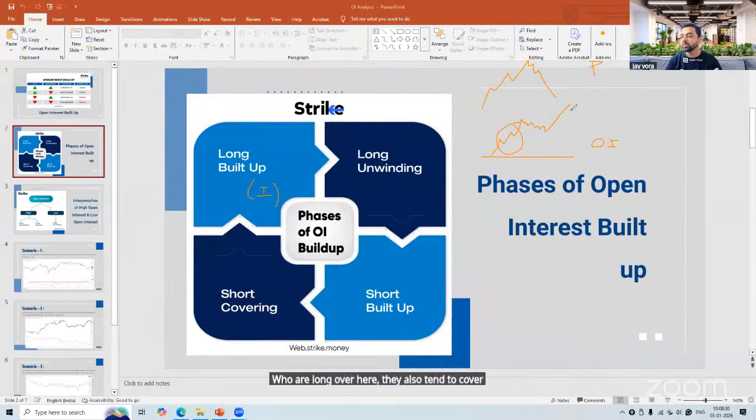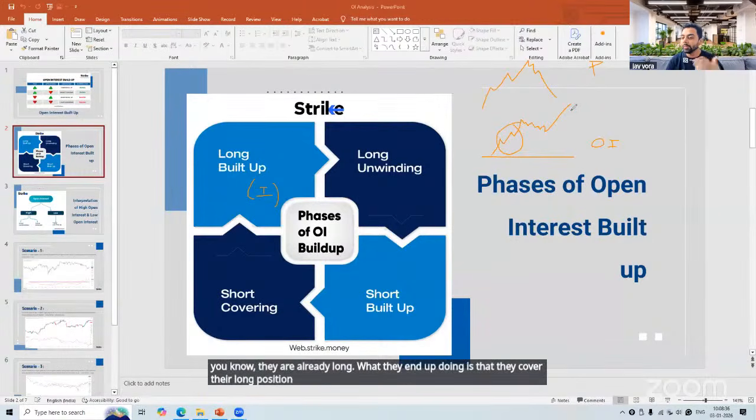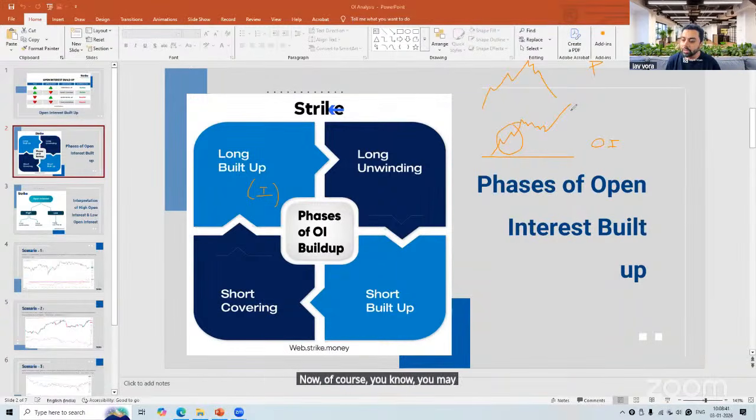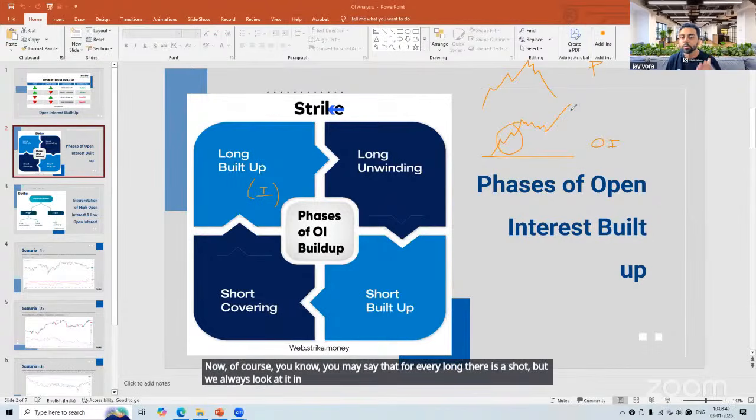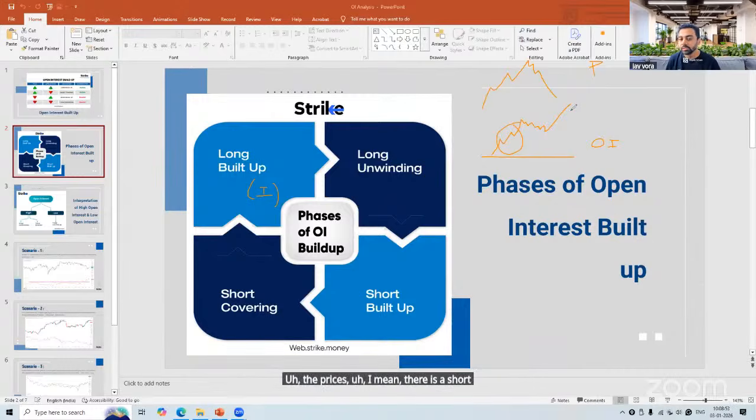Because they are already long, they cover their long position and keep adding more shorts. Now of course you may say that for every long there is a short, but we always look at it in price conjunction. Because prices are going down and open interest is rising higher, we assume there is a short buildup in the system.